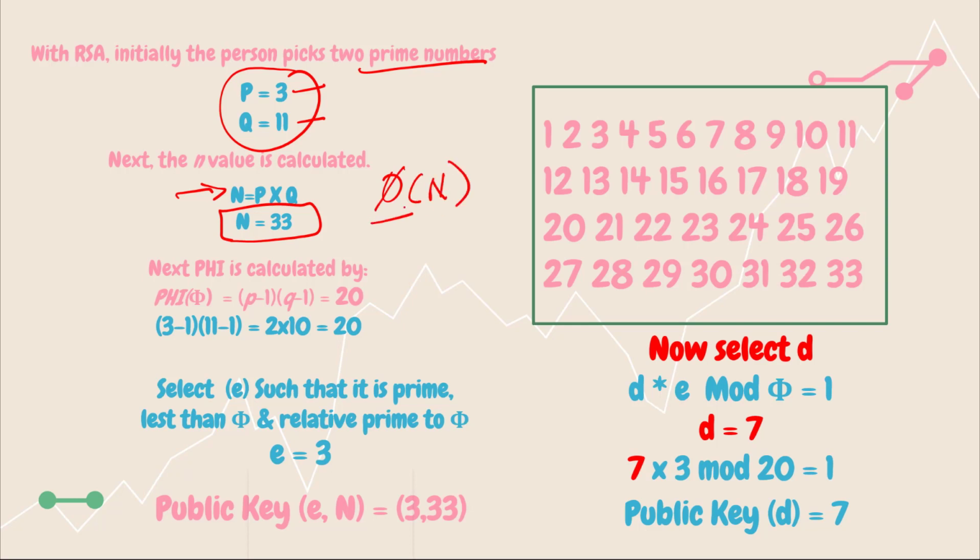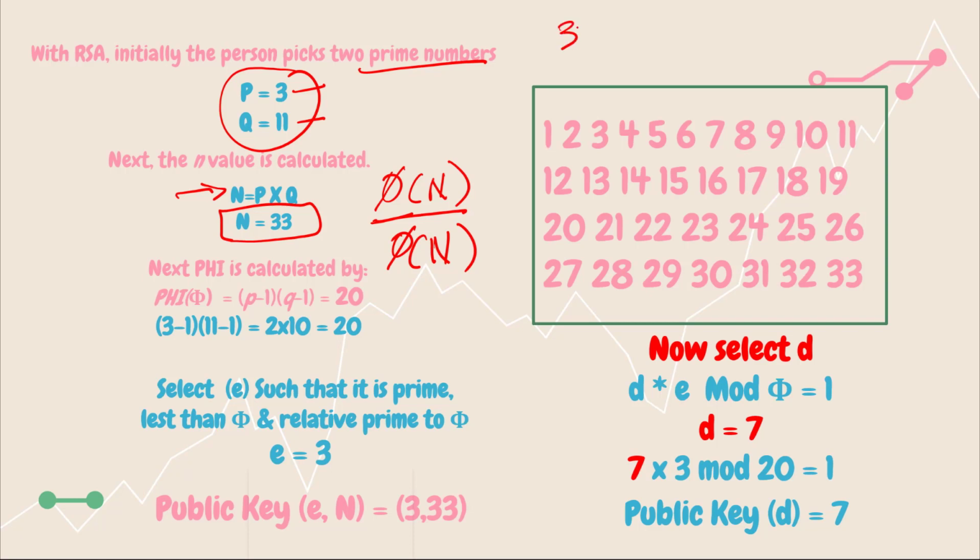If you remember, phi of n of any number are the numbers less than n that are relatively prime to n. So in order to find the phi function of n, we're going to eliminate all the multiples of the factors of n from 1 to 33.